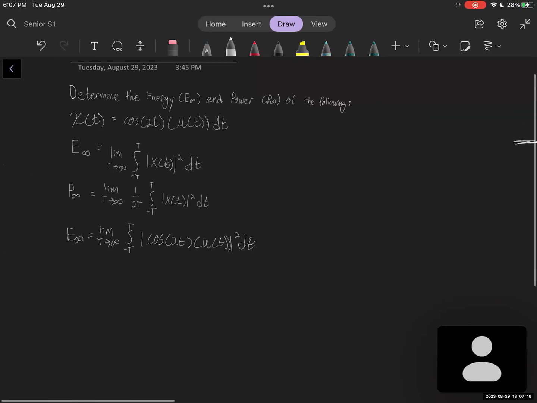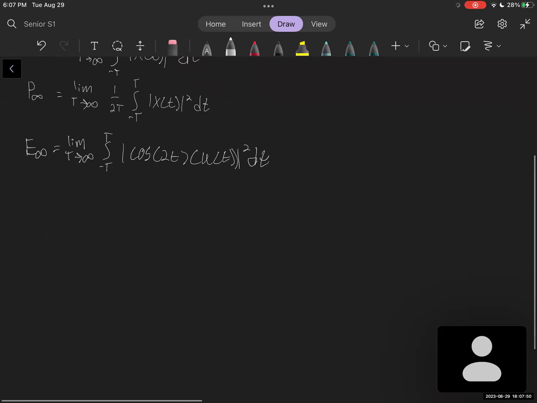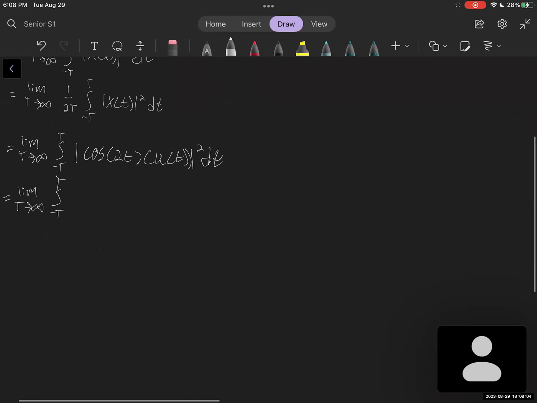So we're going to jump back into this. We have the limit as T goes to infinity from negative T to T. The absolute value in this case is applied to the function at the beginning.